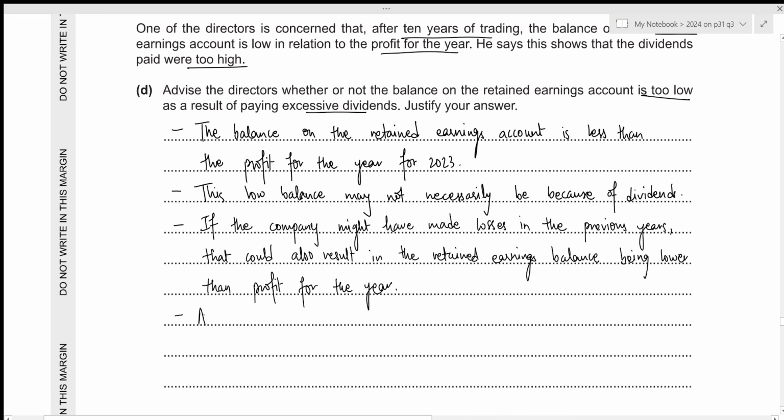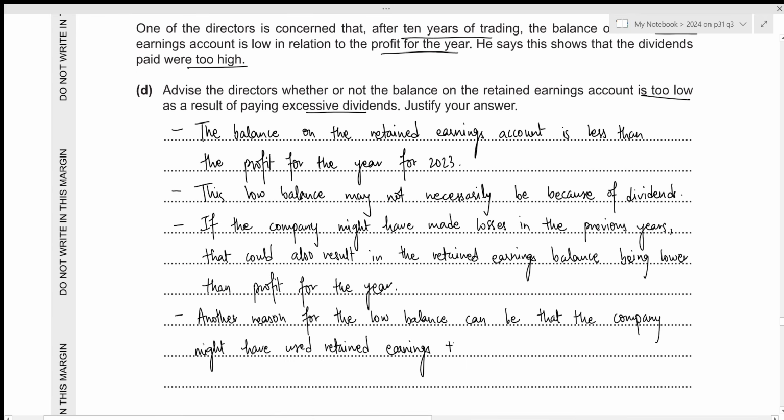So another reason for the low balance can be that the company might have used retained earnings to fund a bonus issue of shares. Okay, we have 4 comments.